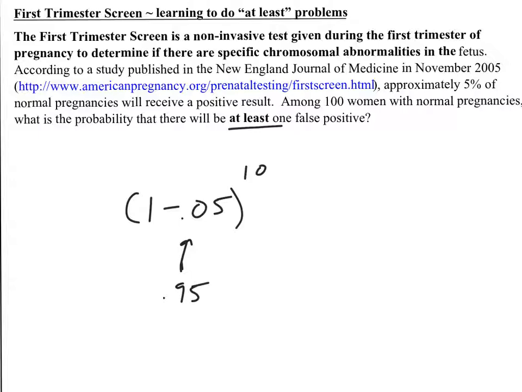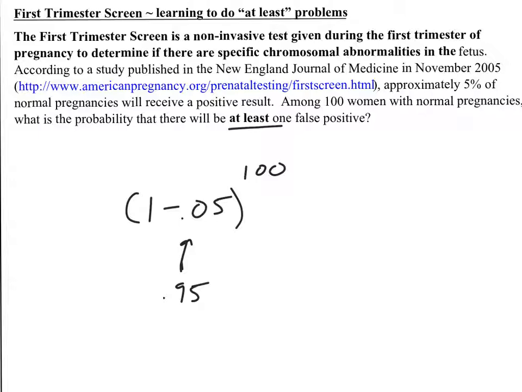Raise it to the 100th power. Okay? That would tell you the odds that all 100 women who, again, have normal pregnancies, that they all have the test show nothing. The test is accurate. Pregnancy is normal. Test shows that it's normal. They don't get a false positive.